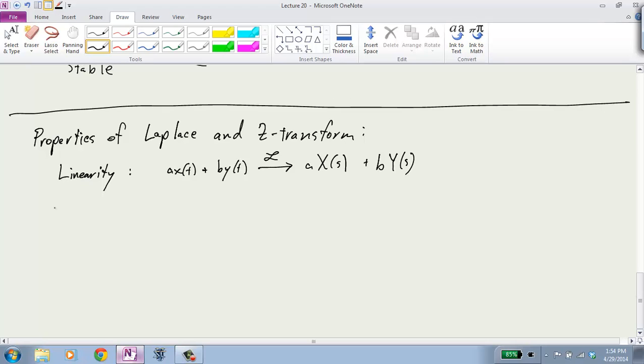But more importantly, we have a convolution property. That is that x of t convolved with y of t, if you take the Laplace transform of this, in the Laplace domain it is just the product. So actually, this is the key why this is going to be useful for us, just like the Fourier transform had this property.